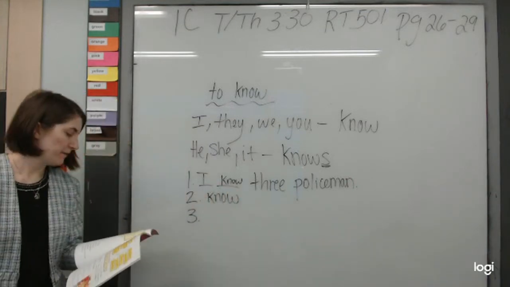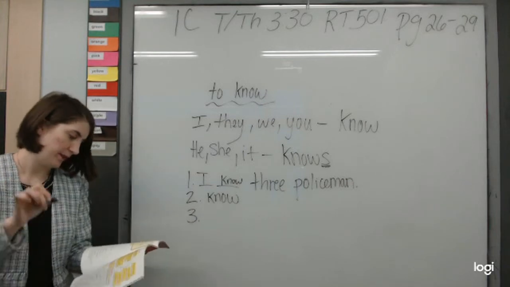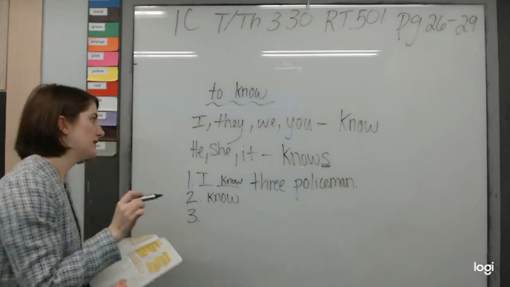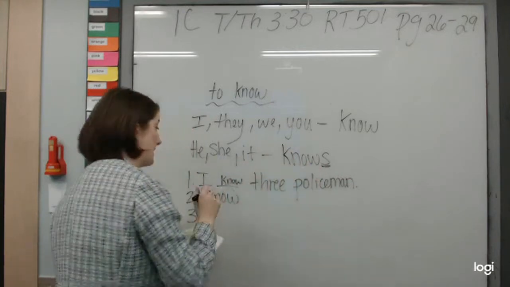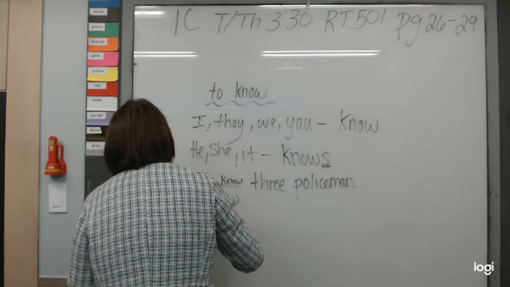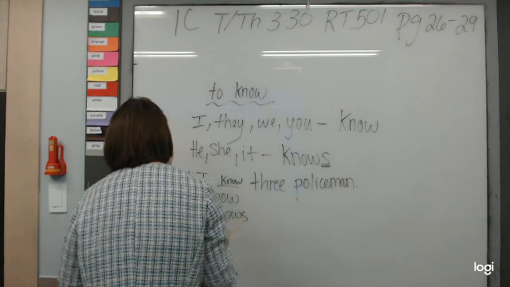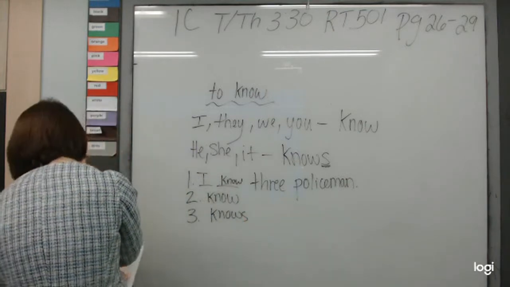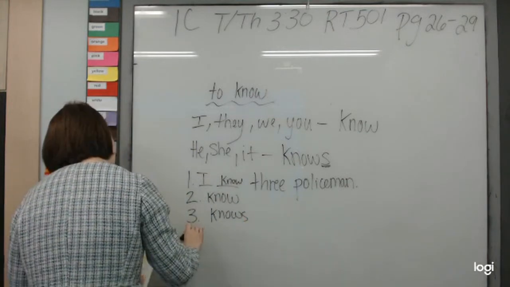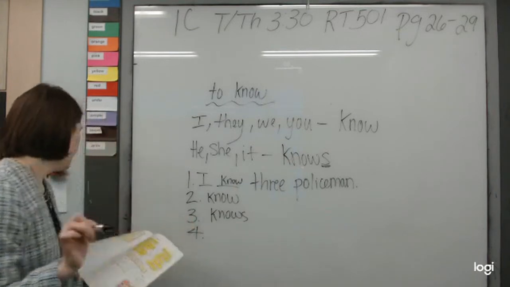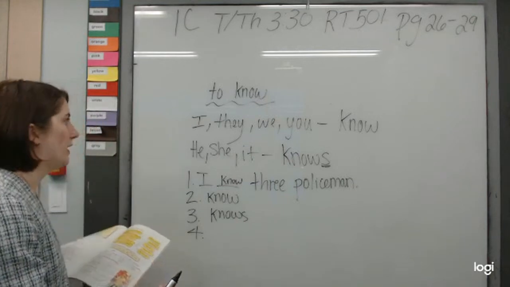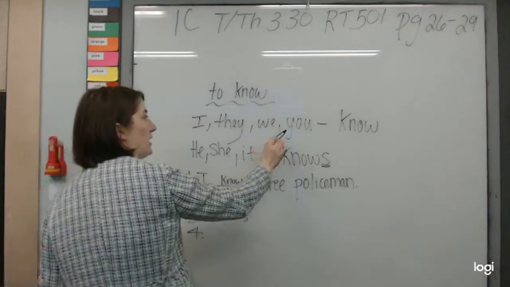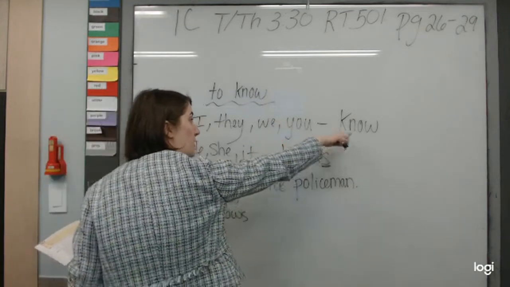Number 3, she, how to drive a truck. Let's see here. She, oh, what's this? Knows with an S. She knows. All right, we're getting somewhere now. 4, you, a hairdresser. All right, so where do we have you? You know.